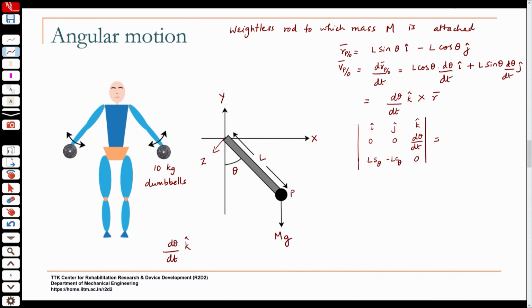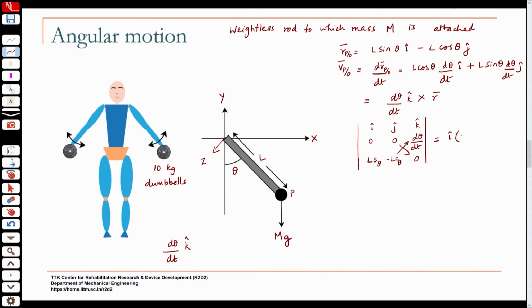See if you get the same thing. You will see that this is equal to i into 0 minus this minus this.